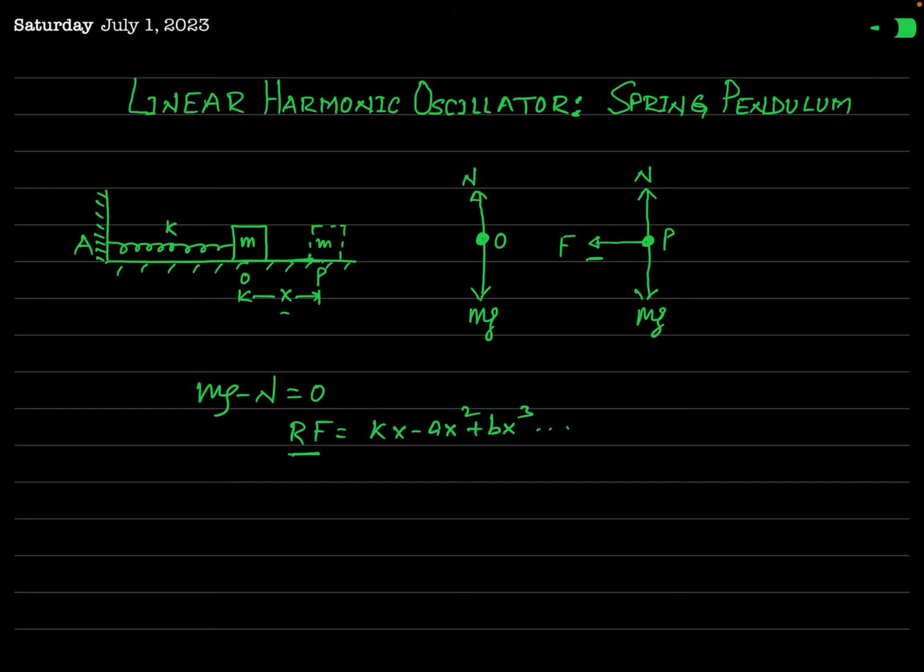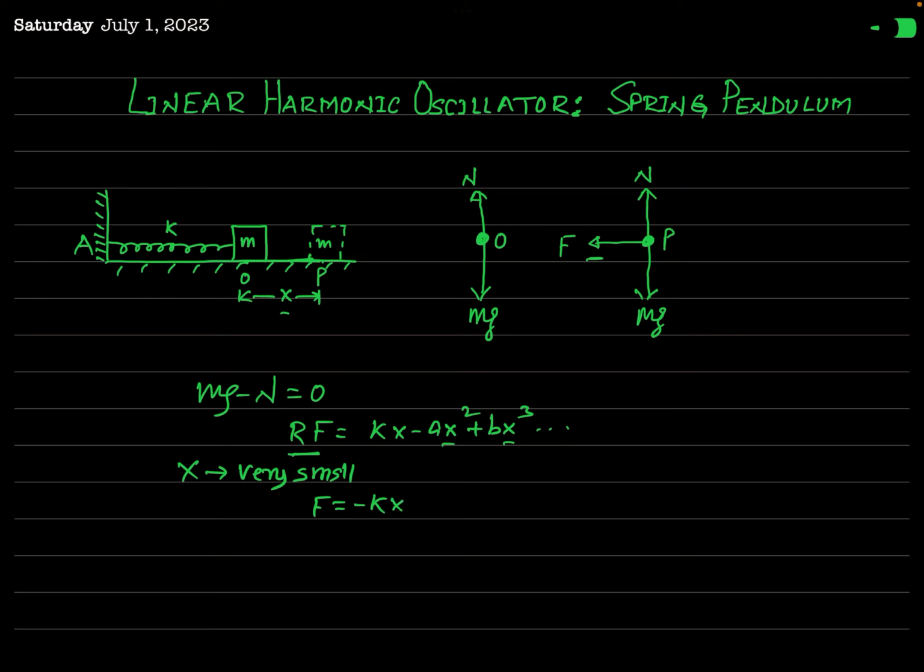x. So if we consider the limiting condition of a small oscillation, that is, if the displacement x is very small, then what will happen? If x is very small, all the terms containing higher powers of x, that is x squared, x cubed, will be negligibly small, and in that condition this restoring force, which I am now writing as F, will be equal to minus kx.